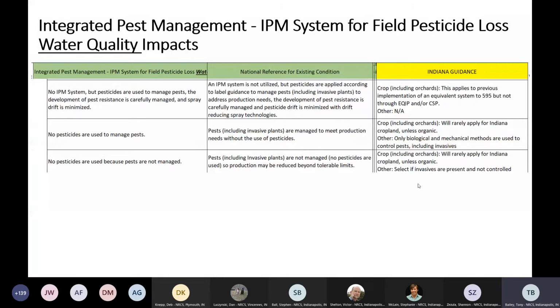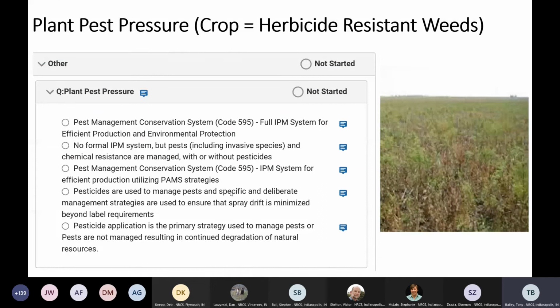And so we want to do what we can to reduce the impact of those products. But on this one, we're looking at that there is no IPM, that those pesticides are not used to control the pest. Sorry about that. I was getting ahead on a slide there.